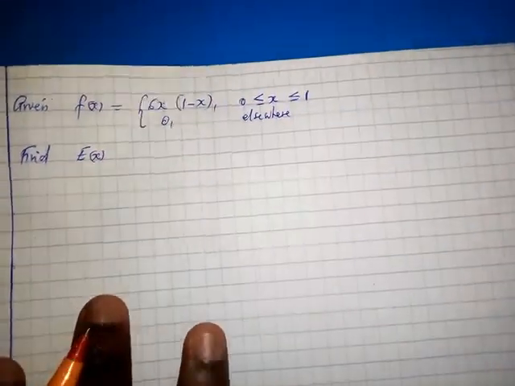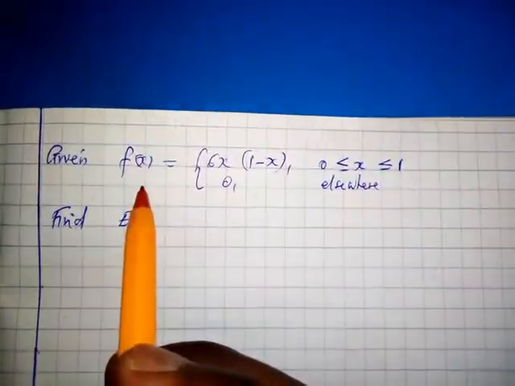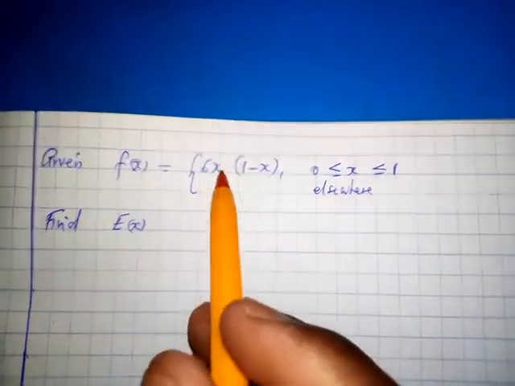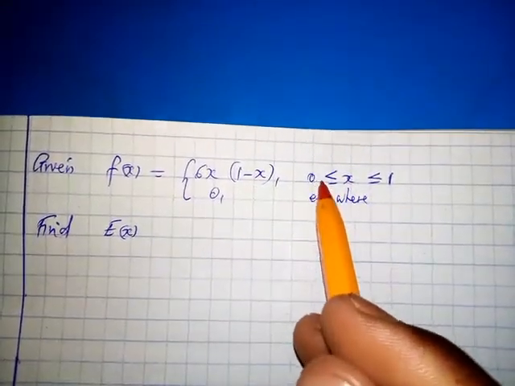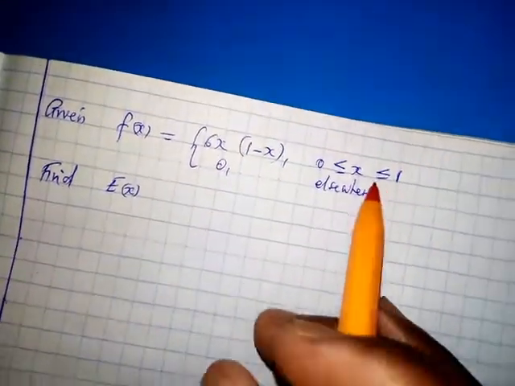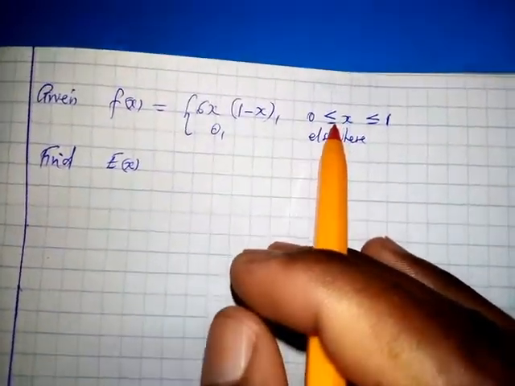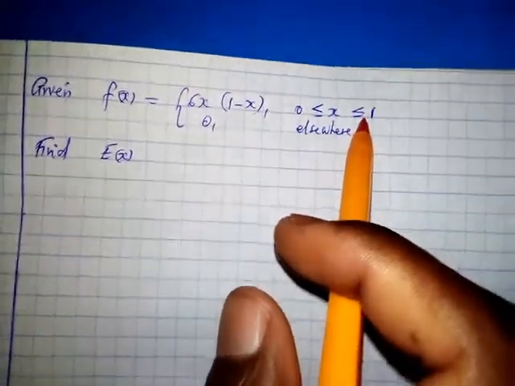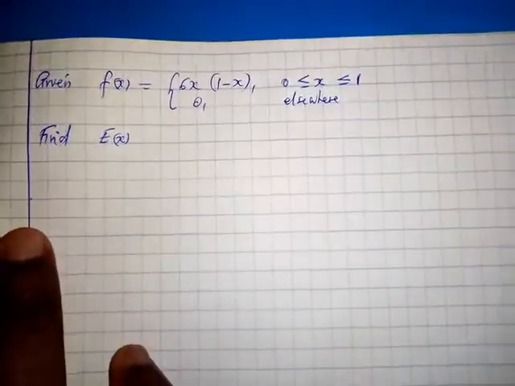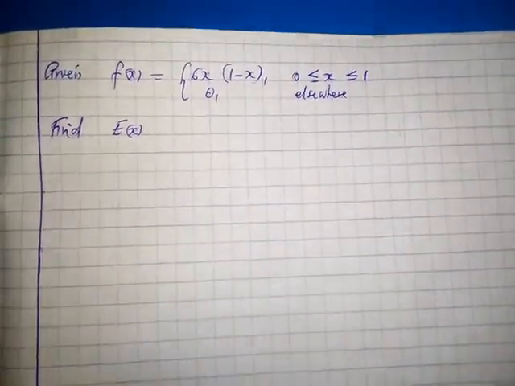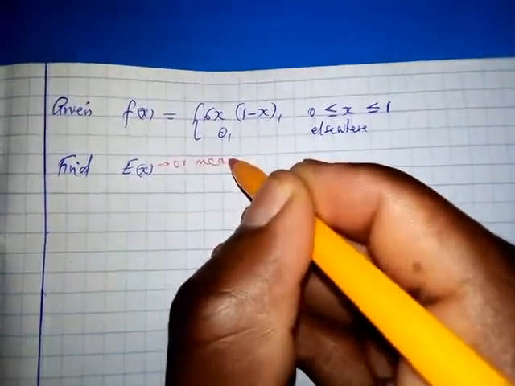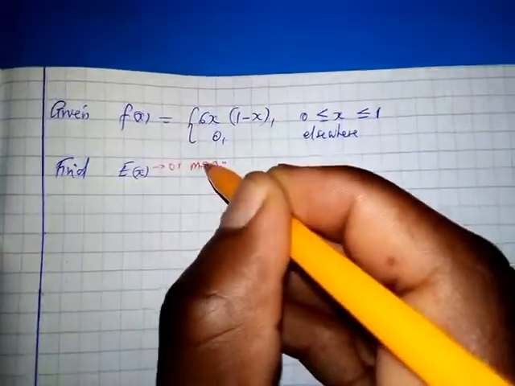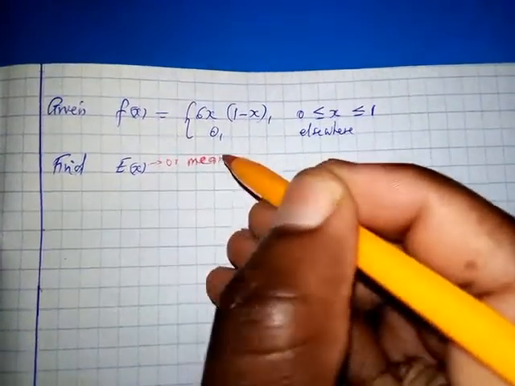So you have a problem here. Given f(x) equals 6x(1 minus x), for x greater than or equal to 0 and less than or equal to 1, and 0 elsewhere, find E(X). Remember, E(X) is the expectation of X, or sometimes we call it the mean.